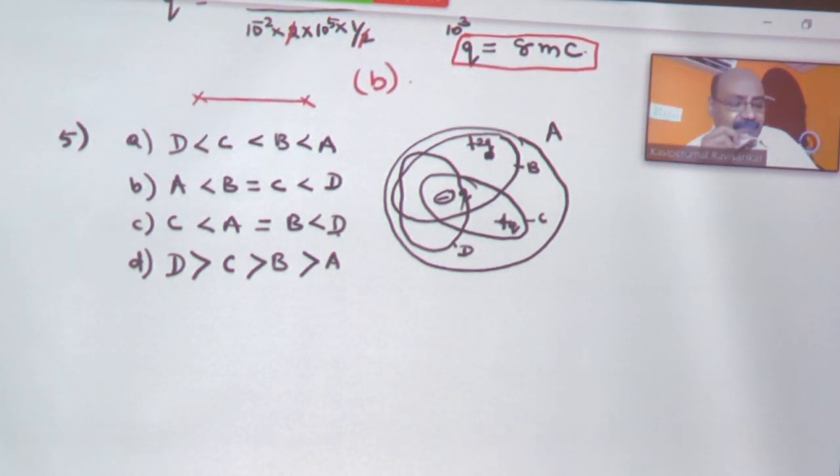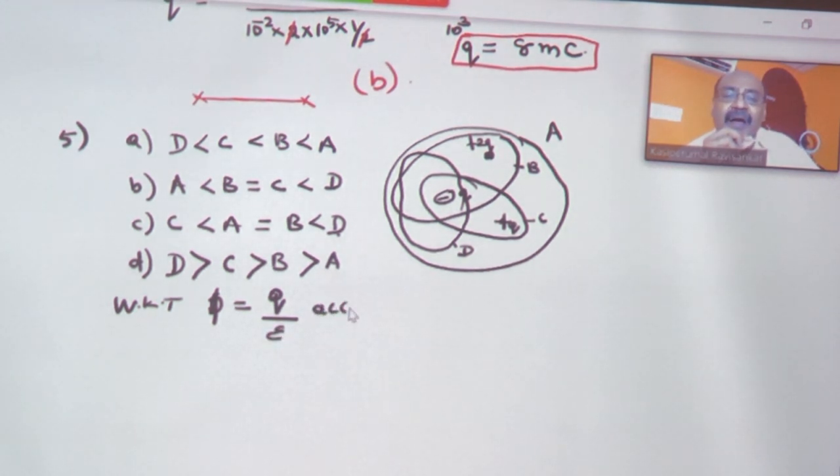First of all, let us consider the flux. We know that flux is given by the formula phi is equal to the charge enclosed divided by epsilon 0, according to Gauss law.